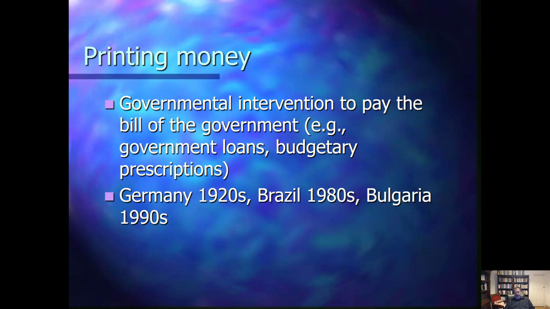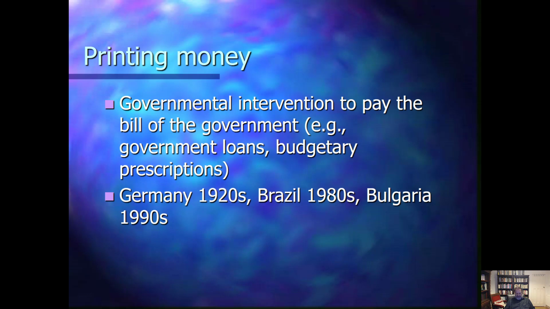But with the invention and adoption of paper money and in particular electronic money, governments have much more ability to intervene in the volume of money within the economy. So the government needs to pay the bill to maintain their organization and their services.